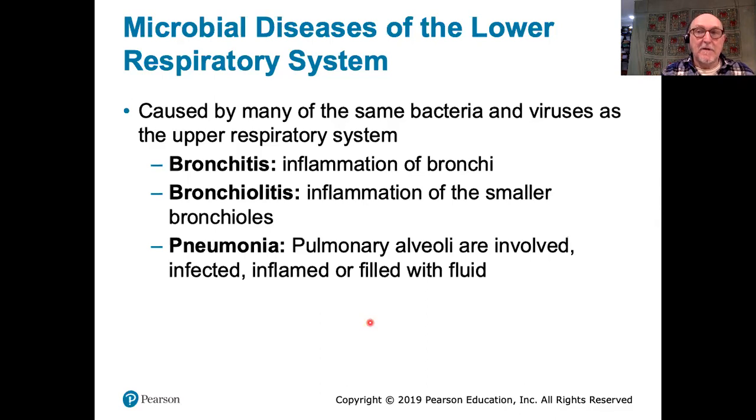And very often, any bacterial inflammation of the lower respiratory tract follows on a viral infection. One of the reasons for that is a viral infection spreads much more easily because it's often systemic.